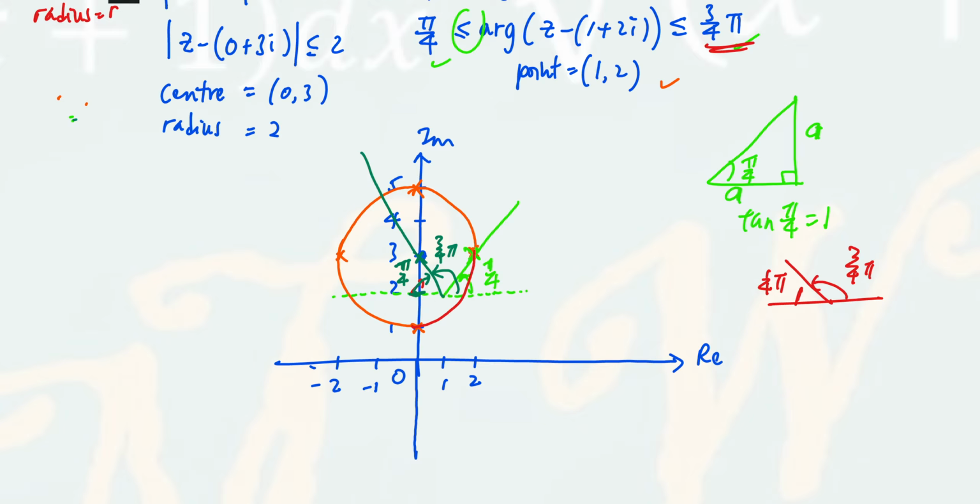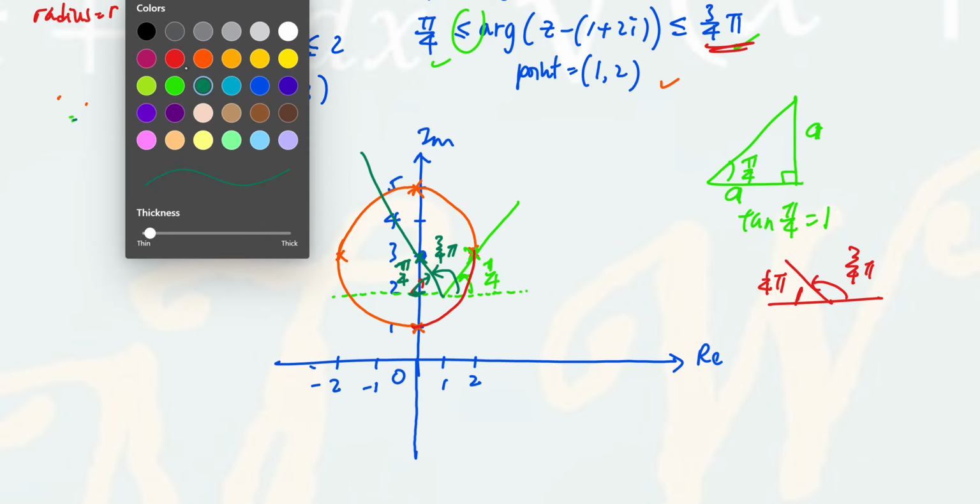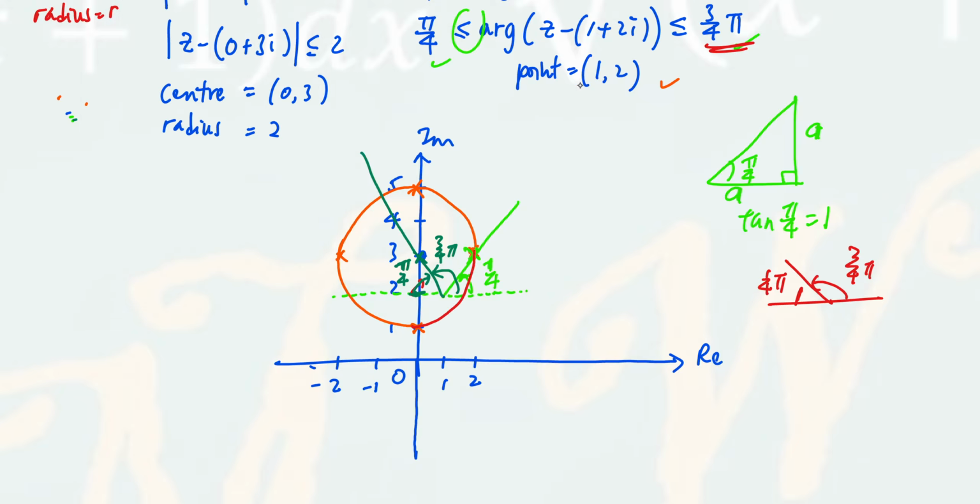Now, what I need to do here is you can accept the angle between pi over 4 and 3 over 4 pi. That means it's in between these two green lines. And at the same time, when you look at this inequality, it is a modulus, which means it is a circle, but the distance, the modulus means distance, less equals to 2.